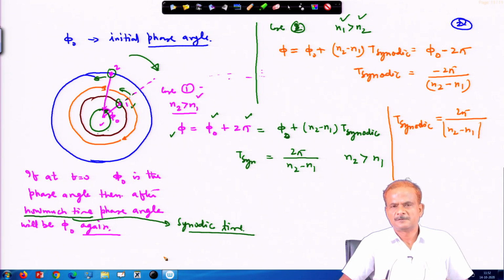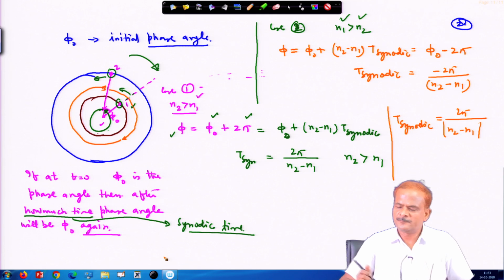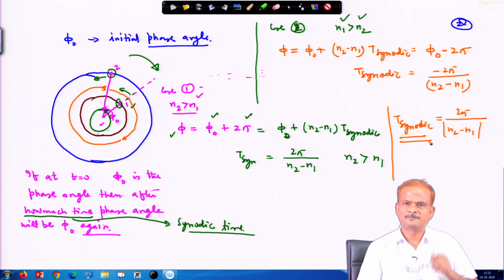Okay. This condition has to be satisfied. So, this particular condition, this phase angle difference between planet A and planet B, when will it occur again? Okay. So, once you miss that time, then you have to wait. So, how much time do you have to wait? It is given by the synodic time.